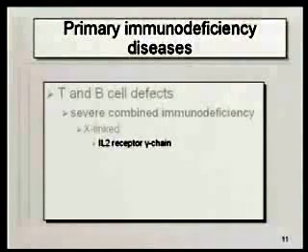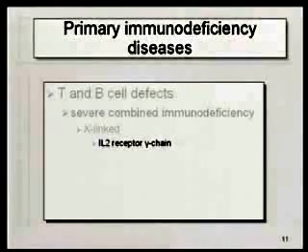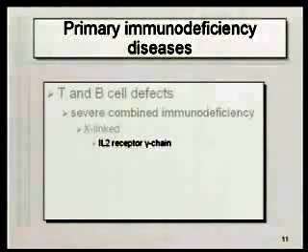If you remember from Dr. McCaleb's lectures, there are different kinds of IL-2 receptors: the low affinity receptor and the very high affinity receptors. But the gamma chain is part of the IL-2 receptor.